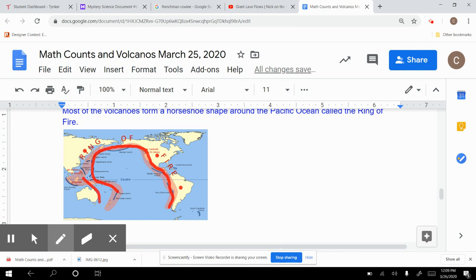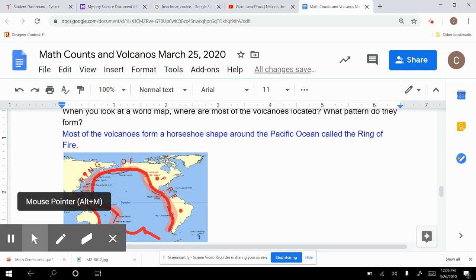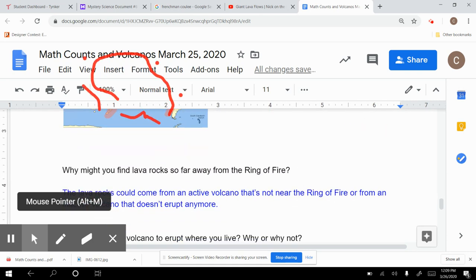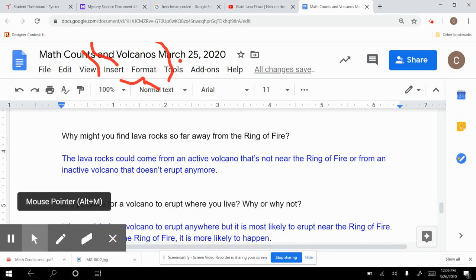And even though it's called the Ring of Fire, it's not actually a full ring because there's nothing down here, right? Well, there is stuff, but it's not as actively volcanic. So in this case, most of the volcanoes form a horseshoe shape around the Pacific Ocean called the Ring of Fire.